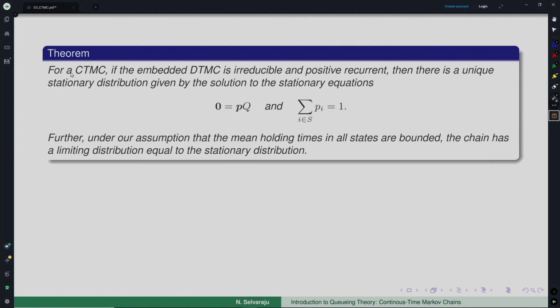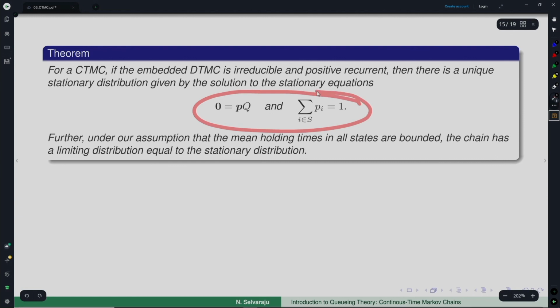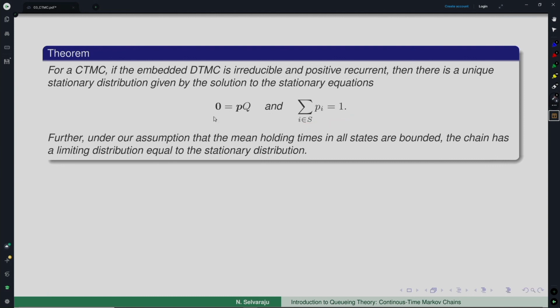Then there is a unique stationary distribution given by the solution to the stationary equation, which is basically the 0 vector equal to p times the rate matrix Q, and summation of pi equal to 1. This is now the stationary equation in the case of a continuous time Markov chain.